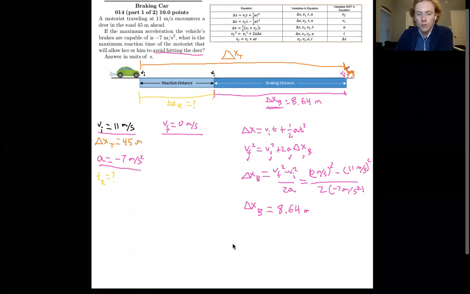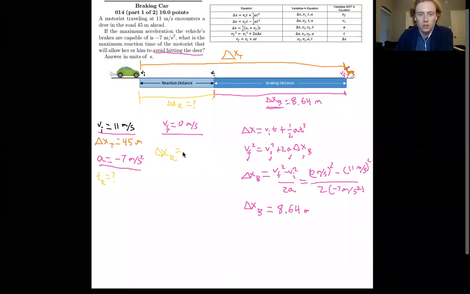Therefore, we can also figure out what delta x r is. We know that delta x r is the total distance. Let me do better about color coding.